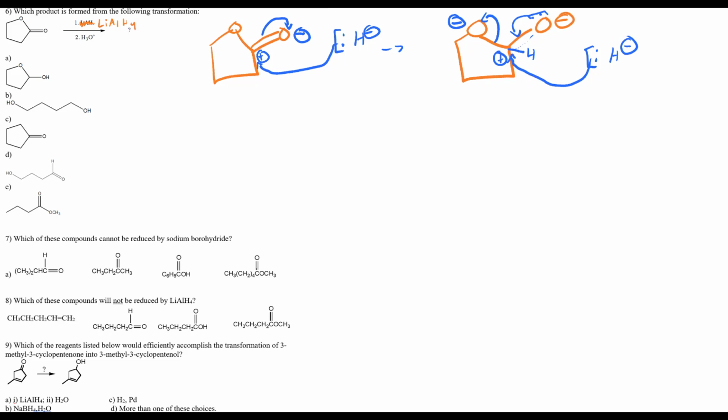Now what happens here is that we have an alkoxide formed. So now we have 2 hydrogens that have been added.